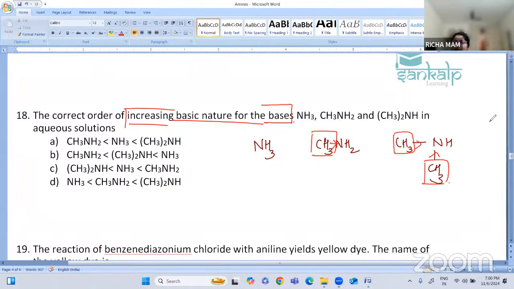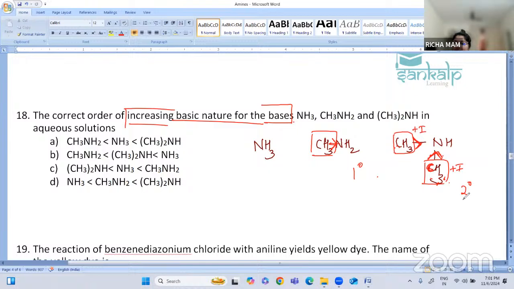Because of the presence of electron donating groups on the nitrogen, they will donate electrons to the nitrogen, so the basicity will increase. These are secondary amines, these are primary amines. In secondary amines, two methyl groups are there, so the electron donating power is more. So the basic character will increase. This shows the plus I effect, because methyl groups are electron donating groups.